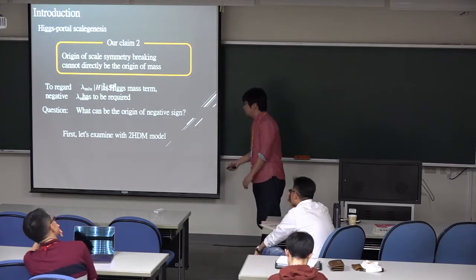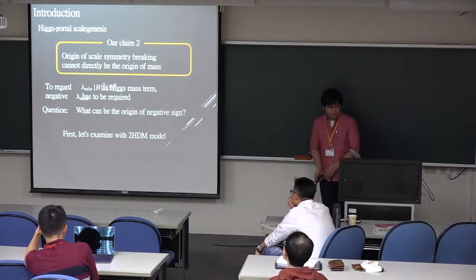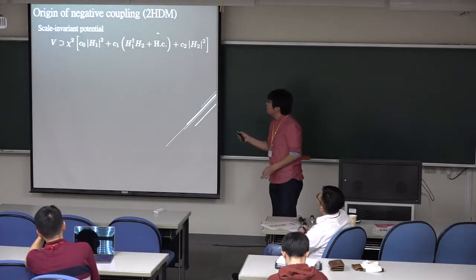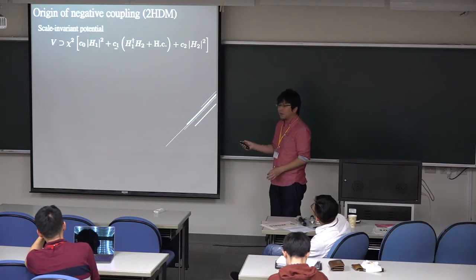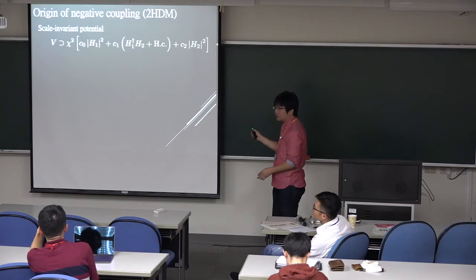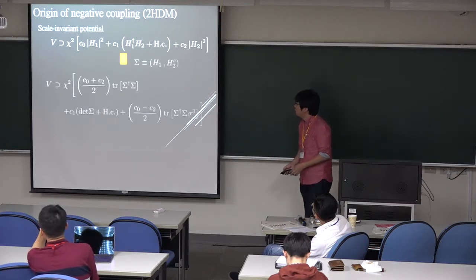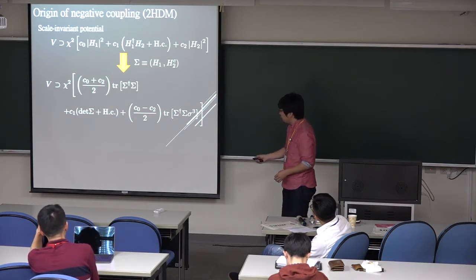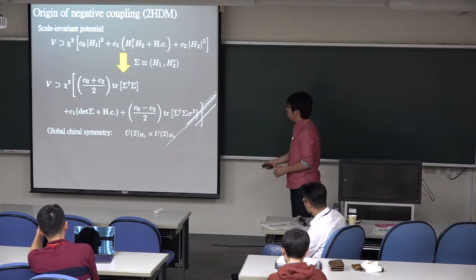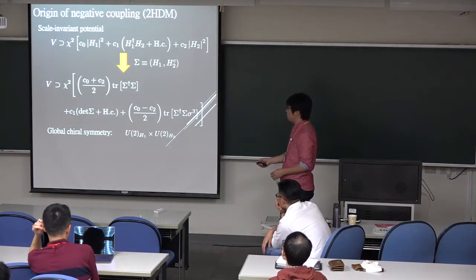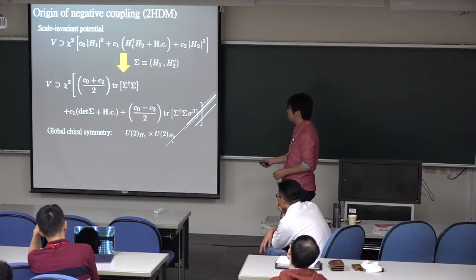Then, first, let's examine the two-Higgs doublet model. When you write up the two-Higgs doublet model with scale invariance, you can write down the Higgs potential like this. And by using this kind of simple notation, you can rewrite this potential like this. And actually, there is an SU(2)_H1 times U(2)_H1 times U(2)_H2 global symmetry.